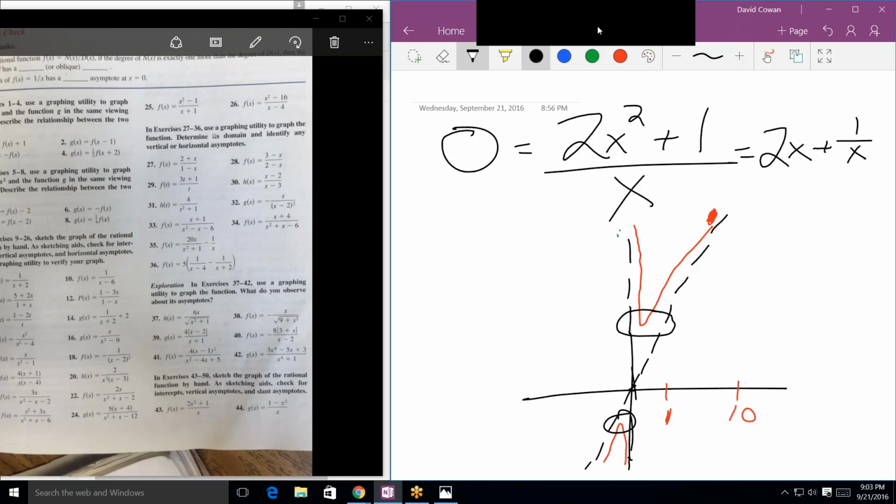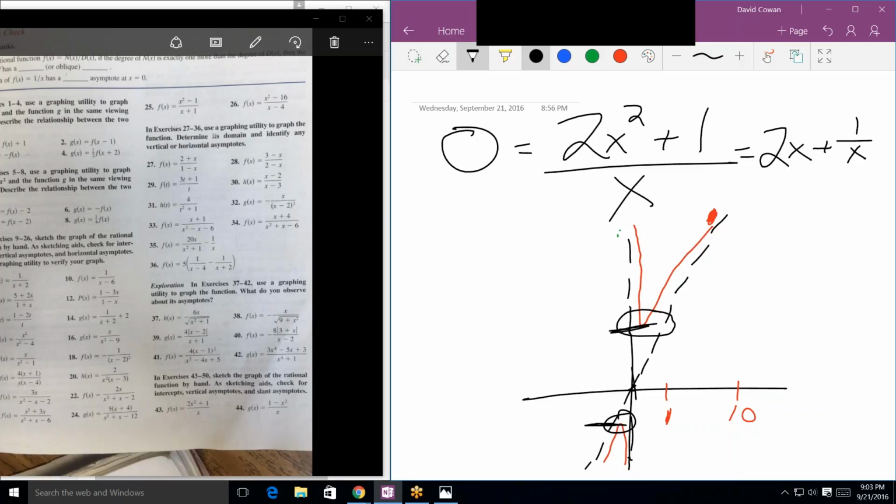But the range is much more difficult to give you, and in fact, the only way you're getting a range is to graph this thing in your calculator, look for local mins and maxes, and put your trace on either side of that little valley there, and it'll tell you what the y value is right there. And it'll tell you what the y value is right there, and then you'd be able to state the range.